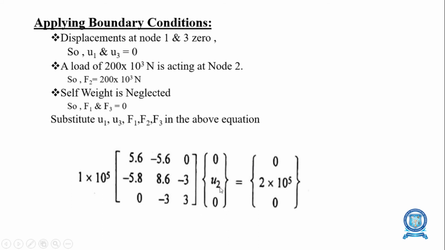We need to find the value of U2. Since we are neglecting the self weight, F1 and F3 are 0, and F2 is 200 into 10 to the power 3 Newton, that is 2 into 10 to the power 5 Newton.